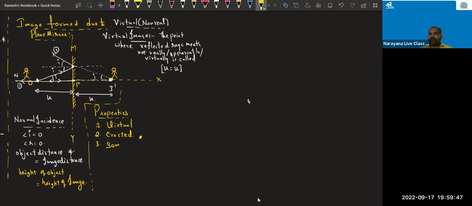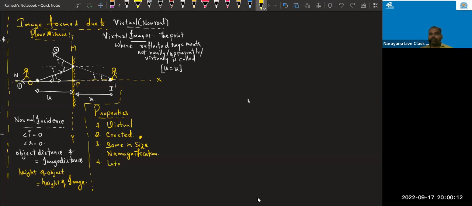Same in size only. If your height is 5 foot, the height of the image is also 5 foot. I mean, no magnification. And what about the fourth one? Respond. What is the fourth one? Tell me.